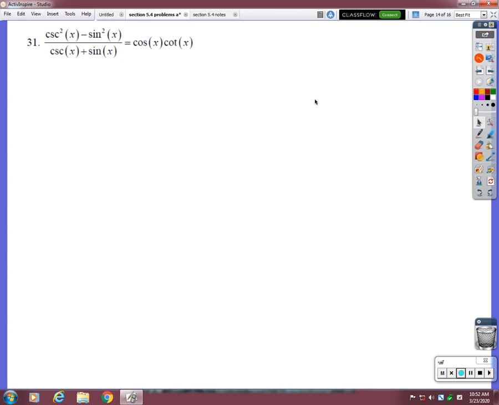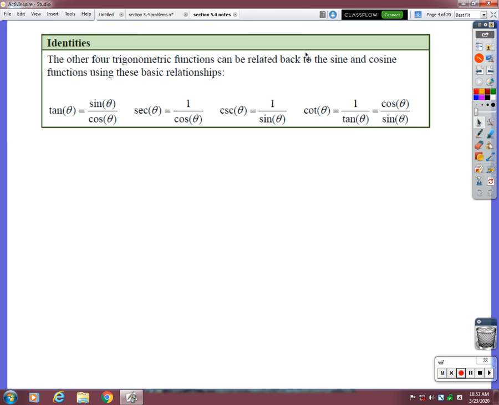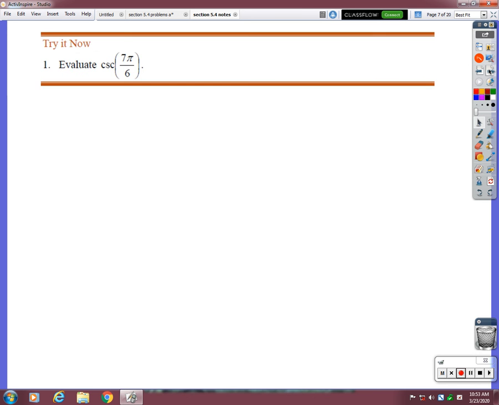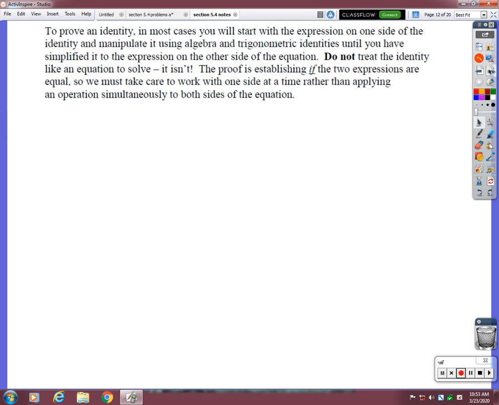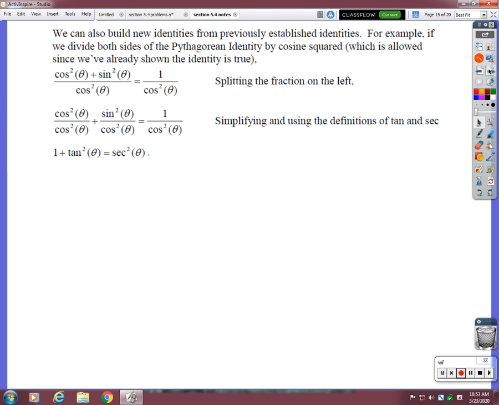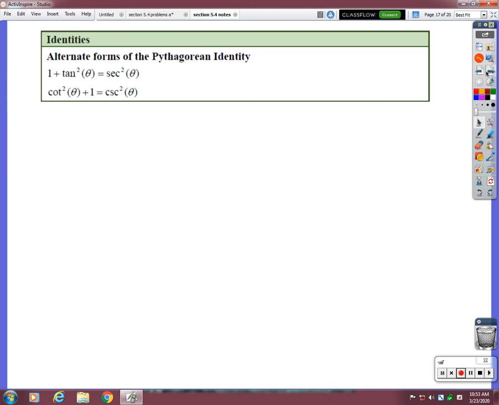Well, let's see. All right. So I got myself a cosecant squared here, which is a sine that maybe I want to look at one of these identities that has branched off from sine squared plus cosine squared equals 1, this guy right here.